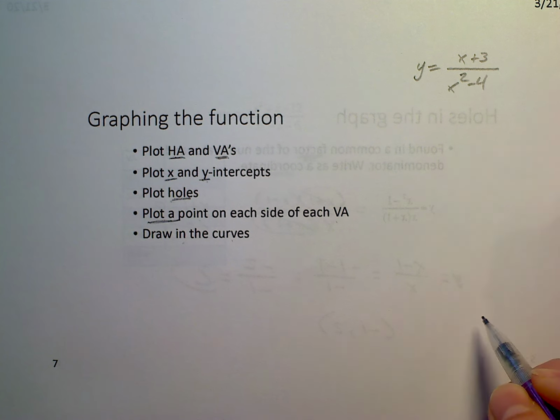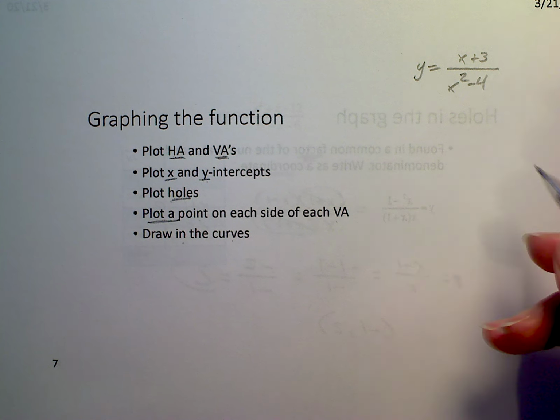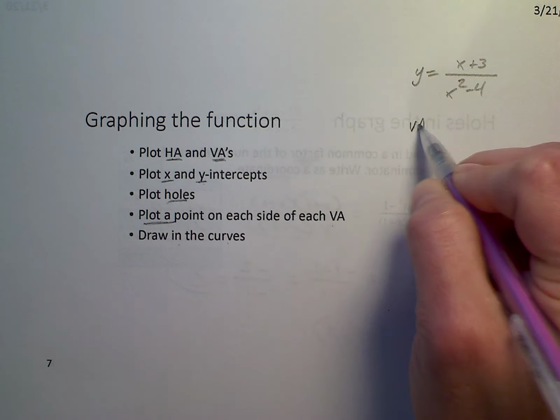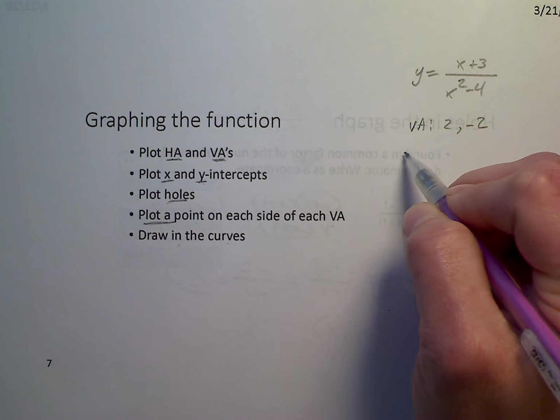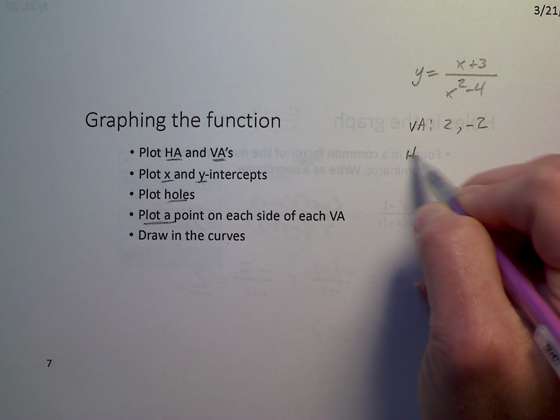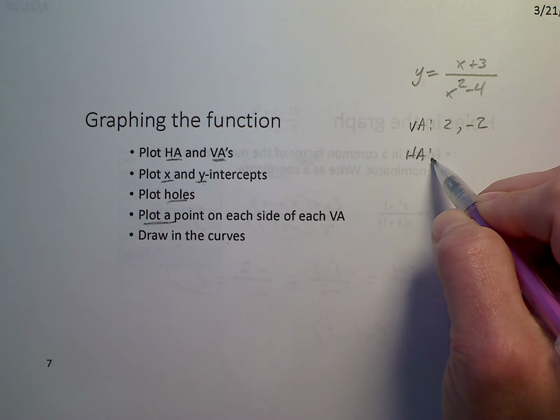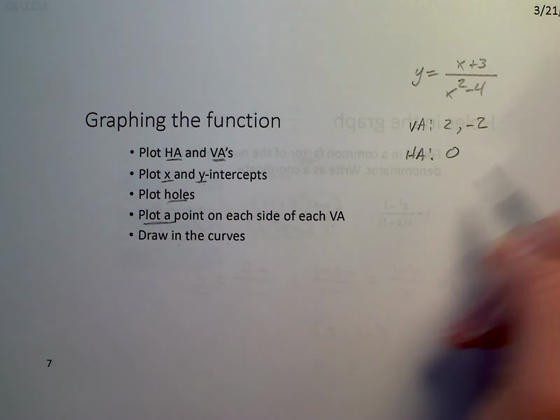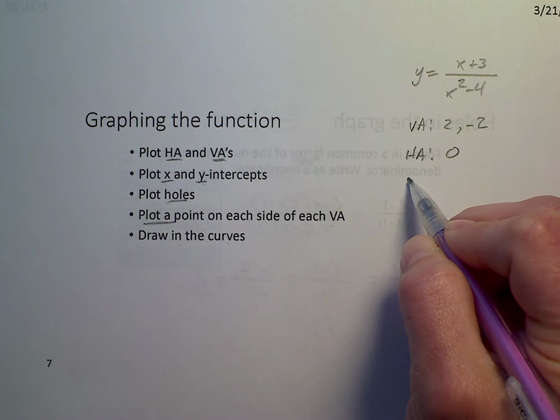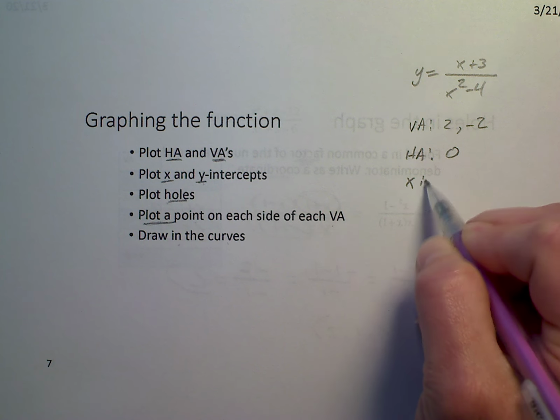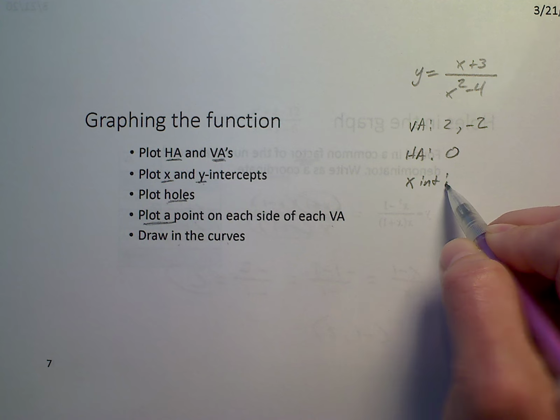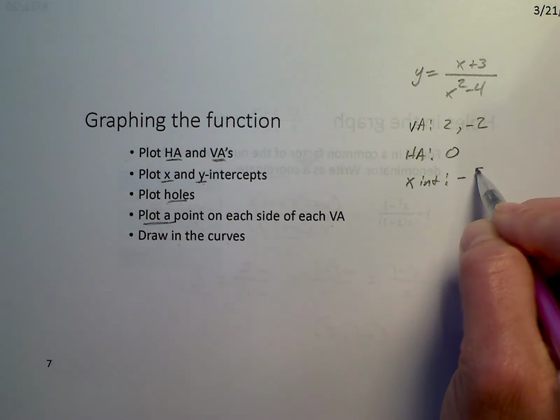This one, okay? We found that it had a vertical asymptote at 2 and negative 2. Go back and look at your notes. That's what we just did. We found that it had a horizontal asymptote of 0. We found that it has an x-intercept at negative 3.